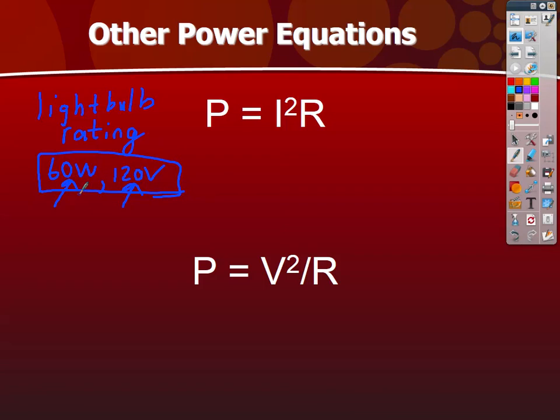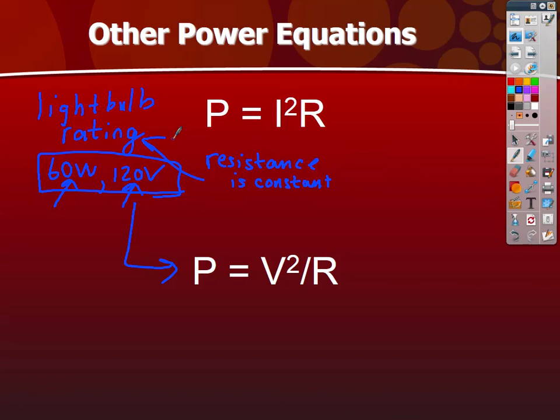But why is this important? It's actually related to this bottom formula. I can use these two numbers and figure out the resistance of the light bulb. The resistance of the light bulb will be a constant. Once you find it, based on the rating, it's constant.